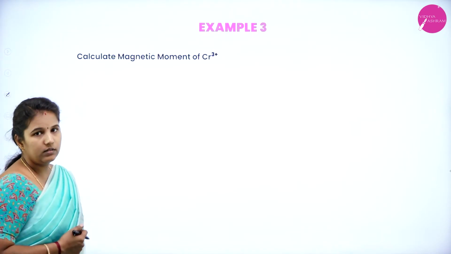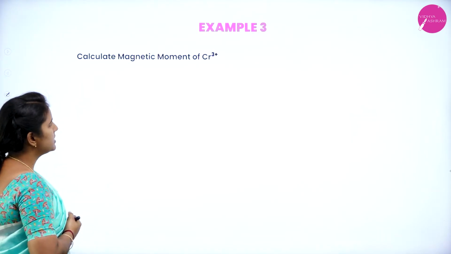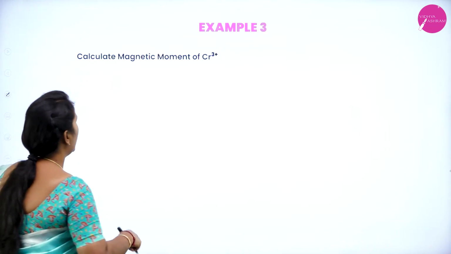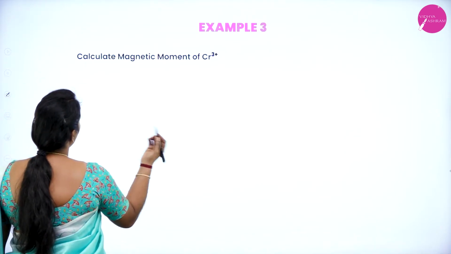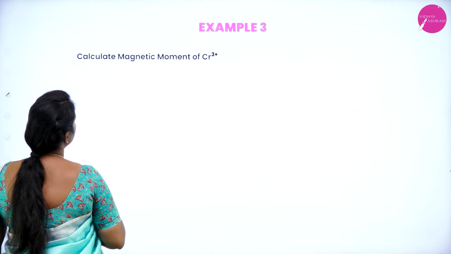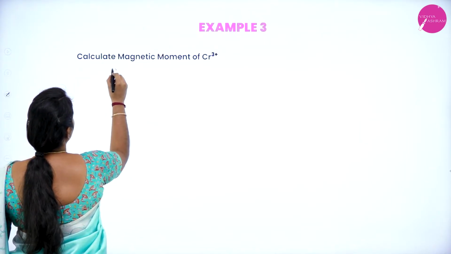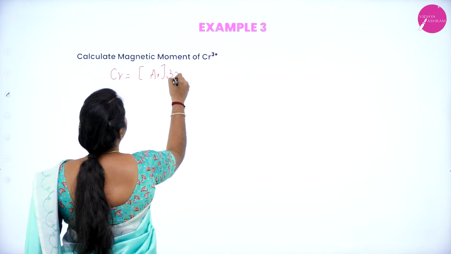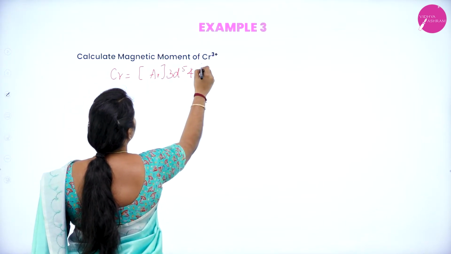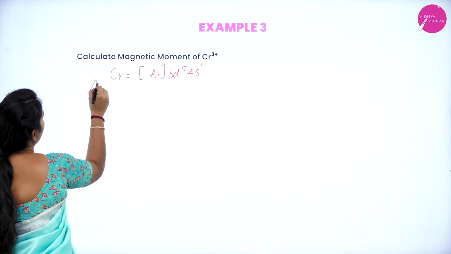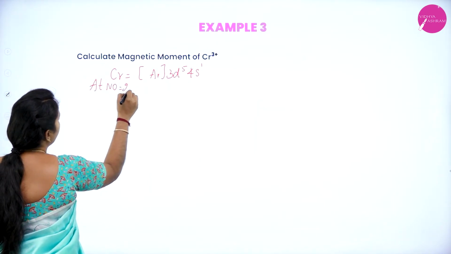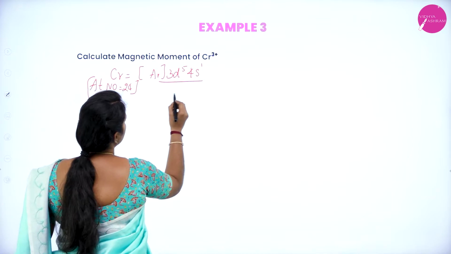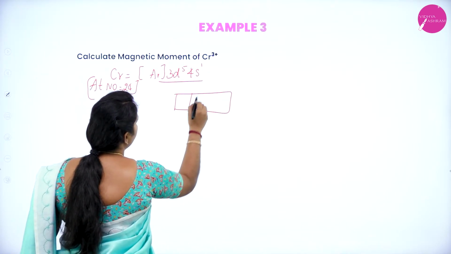Next, I will calculate the magnetic moment for Cr3+. We will see how to calculate the magnetic moment for Cr3+. First of all, we need to write the electronic configuration. For Cr, it is argon 3d5 4s1, with atomic number 24.